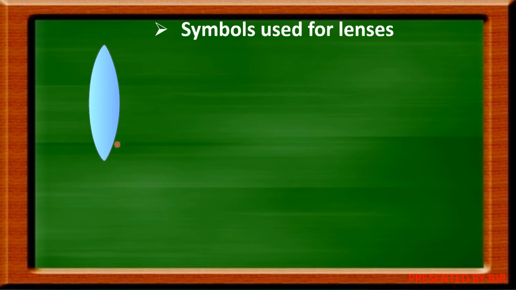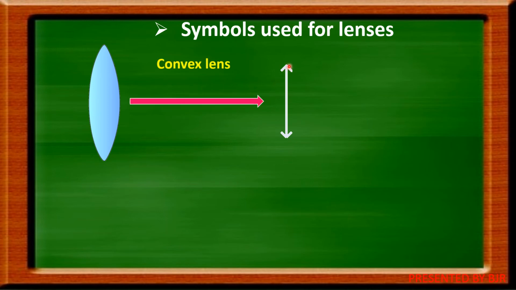This one is the convex lens. Biconvex lens or double convex lens is simply called a convex lens. So it is represented by this one. Convex lens symbol is this one. Similarly, this one is the biconcave lens or double concave lens, also simply called a concave lens, and it is represented by this symbol.